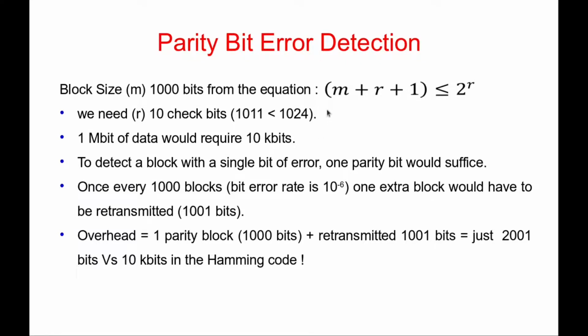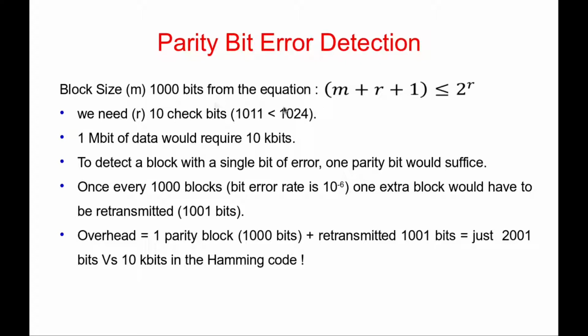So in short, this equation means that given the number of M data bits, we can calculate how many check bits we require, the minimum number of check bits, that is R. In short, we go on putting values from 0 onwards in this R such that the minimum value of R is found where the equation becomes satisfied.